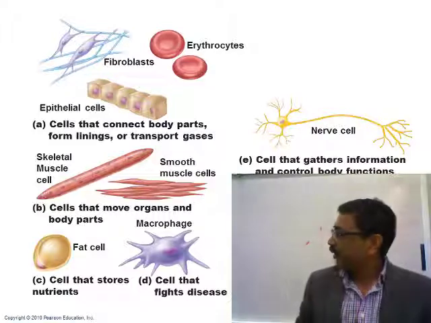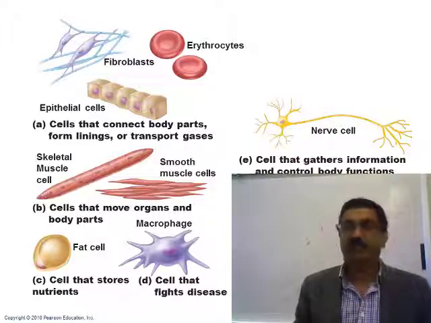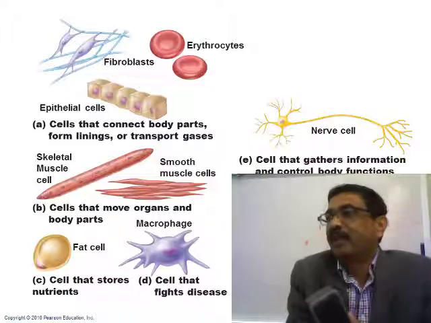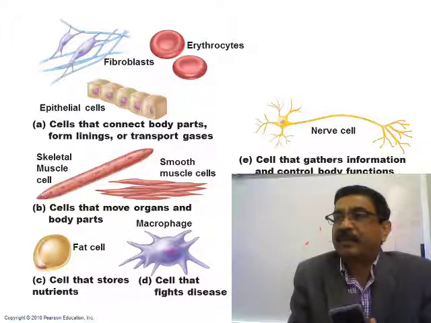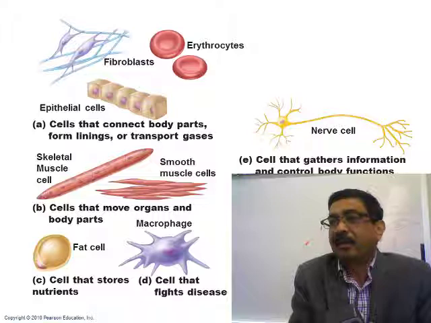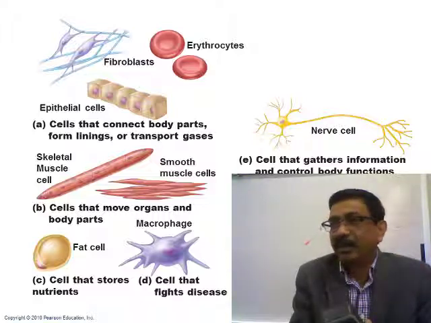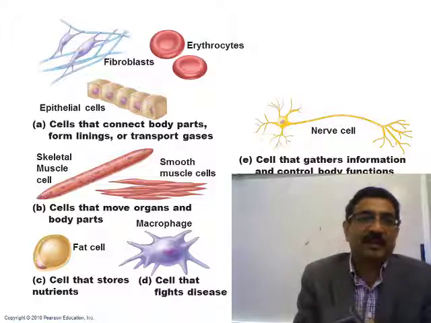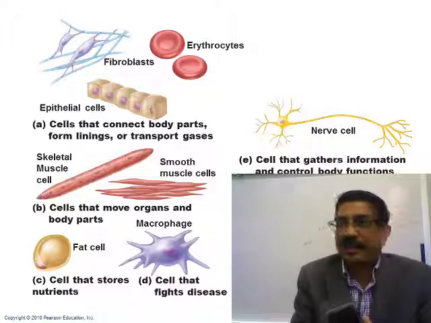So you see in the right top, a neural cell has processes, dendrites and axon. Now the function of a neural or nerve cell is electrical signal transmission. So it's completely different than other cells. Electrical signal transmission.